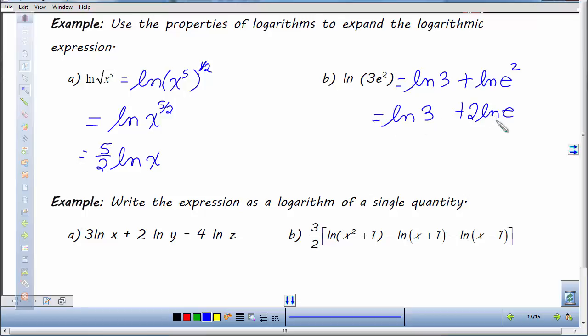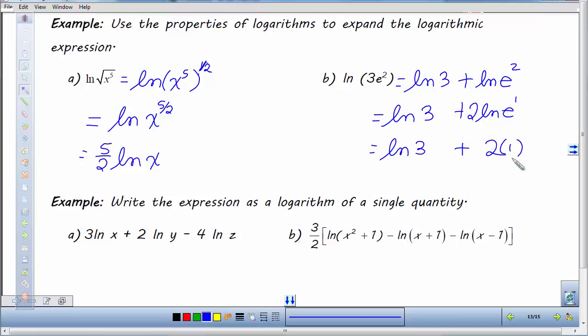They cancel each other out, right? Natural log of e to the x is just x. In this case, the natural log of e to the first power is just 1, because natural log and e cancel each other out. So we get natural log of 3 plus 2. All right, so we can use natural log to expand things.